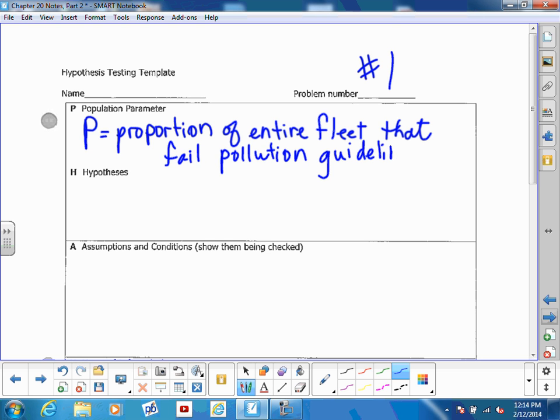Now, this morning during second period, I made a big old boo-boo, and I used the word failed here. The proportion of the fleet that failed, past tense. That is a big no-no, because past tense can absolutely be determined. You don't need to infer anything about past results.